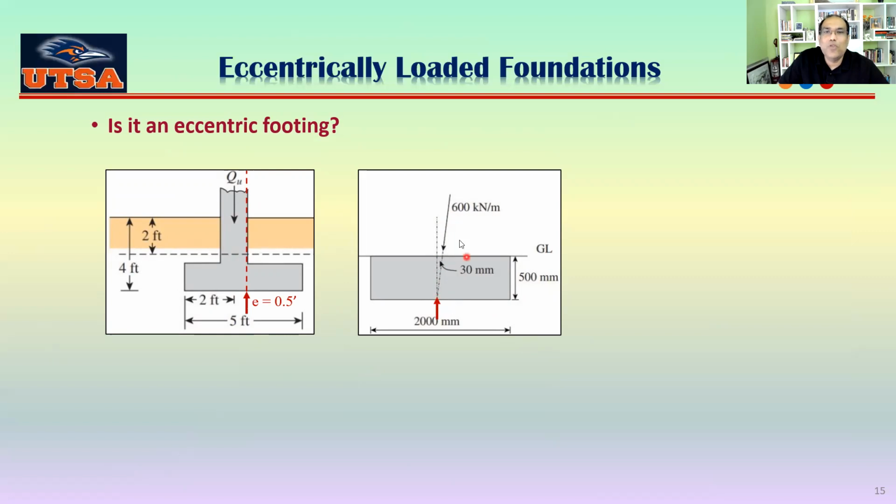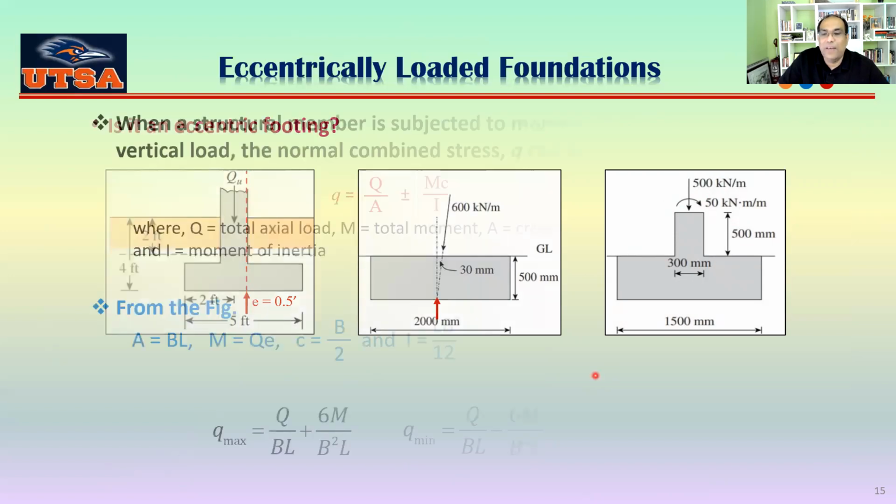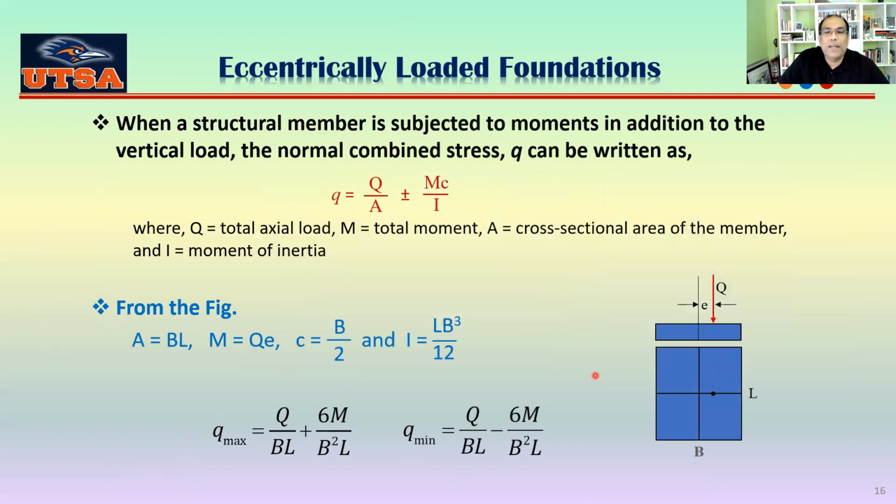Okay, this one is an inclined force, but not eccentric. How about this one? When they show you the force as well as moment, this means you already have eccentricity and they already gave that information to you. Okay. Now let's see how we handle this kind of situation.